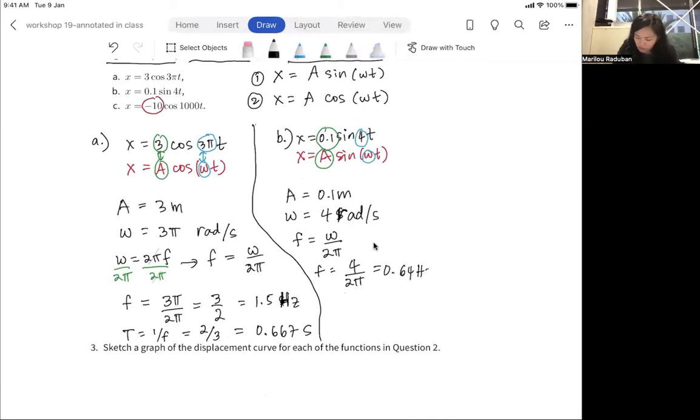That will be 0.64 hertz. Okay. And period is just the inverse of frequency.